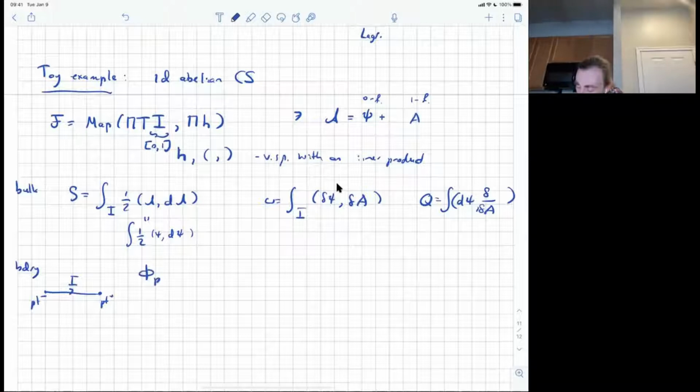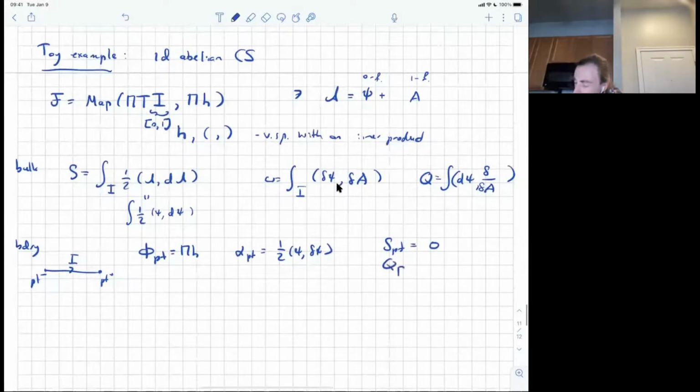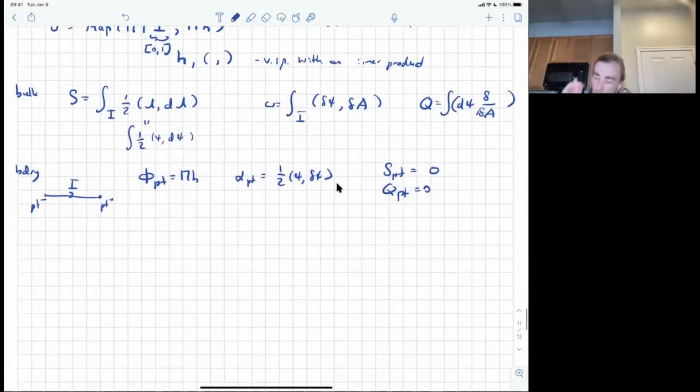The phase space for a boundary point is just my odd vector space, and the one-form sitting there is 1/2 psi delta psi. And this BFV function is just vanishing, and the BRST homological vector field is also vanishing.